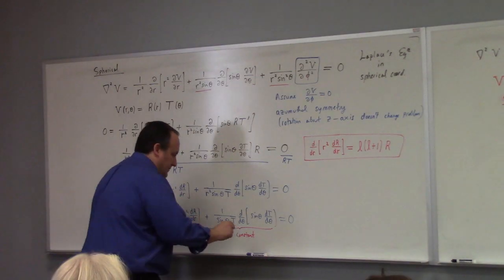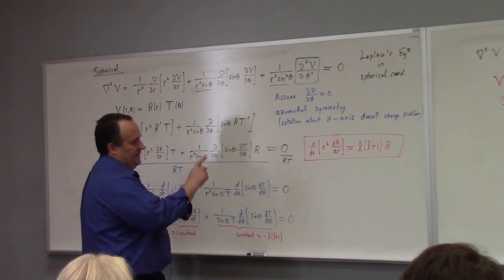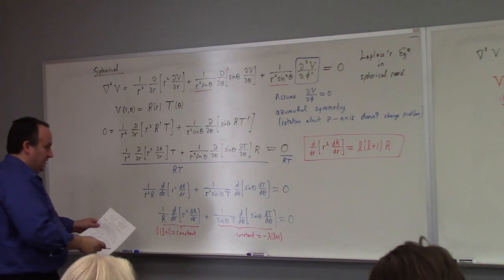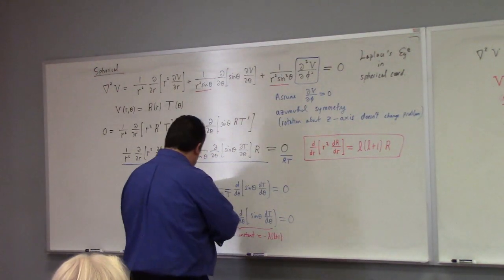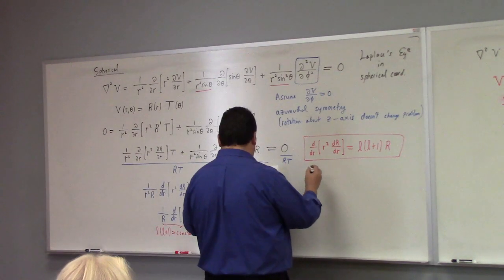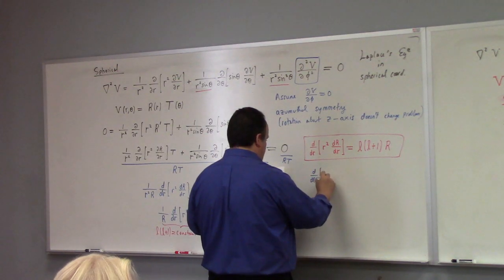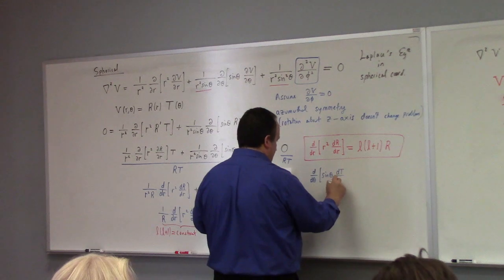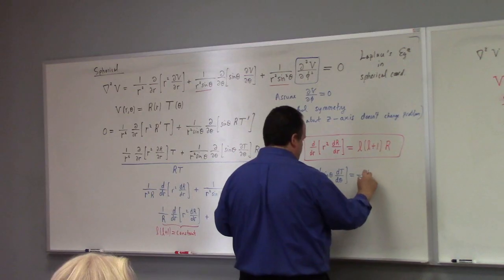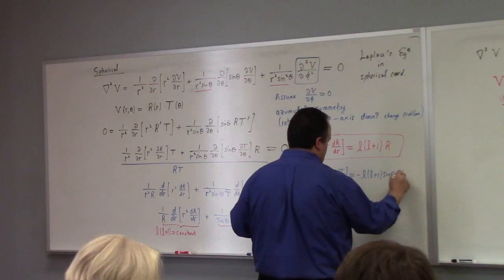Which makes the other one have to be minus L times L plus 1, by the way, right? So if that gets this piece, then the angular piece has to be similarly, but different. We're up against d/d theta of sine theta dT/d theta, in my current notation, equals minus L times L plus 1 times the sine of theta times T.